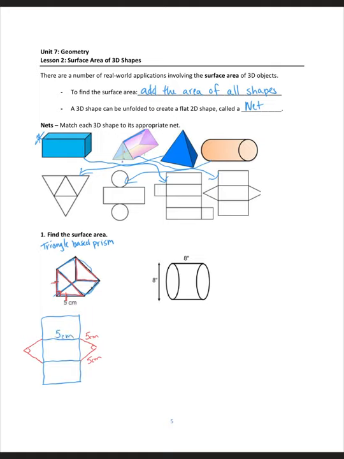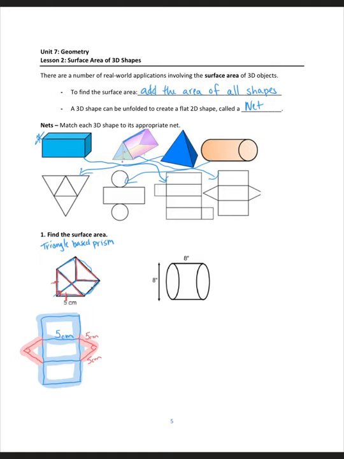So if we wanted to find the surface area for this whole thing, we have to add up the areas of each of the shapes. So add up the areas of this rectangle, this rectangle, this rectangle, and then add to it the areas of our triangles. So we have to remember those formulas.